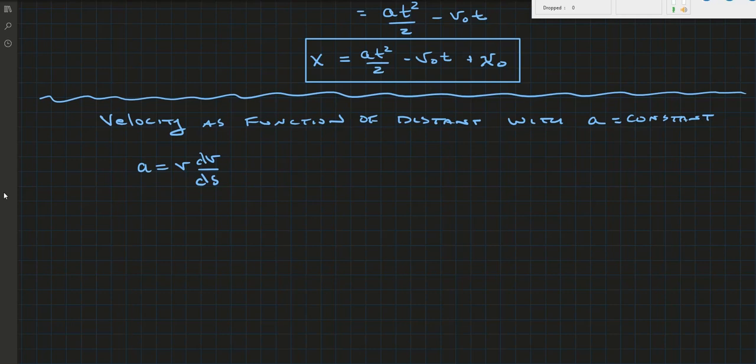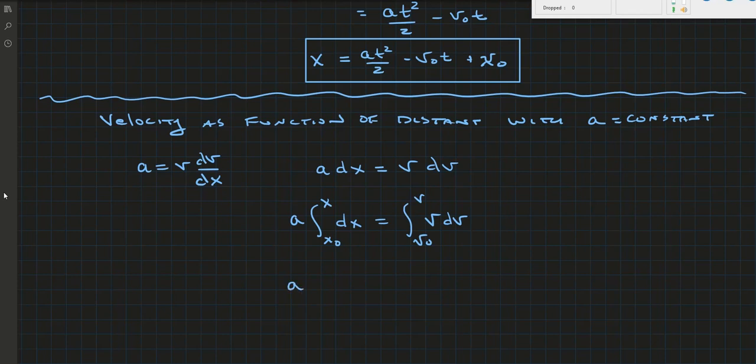So our separation of variables results in a ds equals v dv. Again, acceleration assuming constant, and I may as well call this x since I've been doing that above, from x0 to x of a dx equals the integral from v0 to v of v dv.